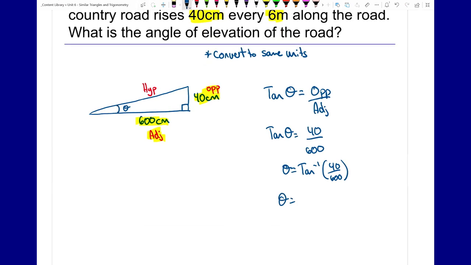So the inverse tan of 40 over 600, we should get an angle of elevation of 3.8 degrees. So therefore, the angle of elevation is 3.8 degrees.